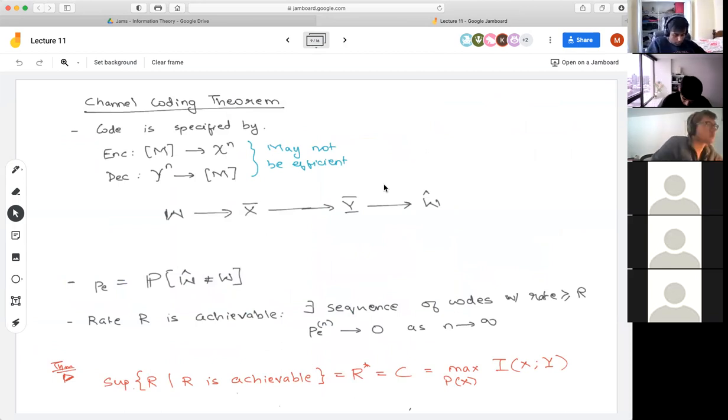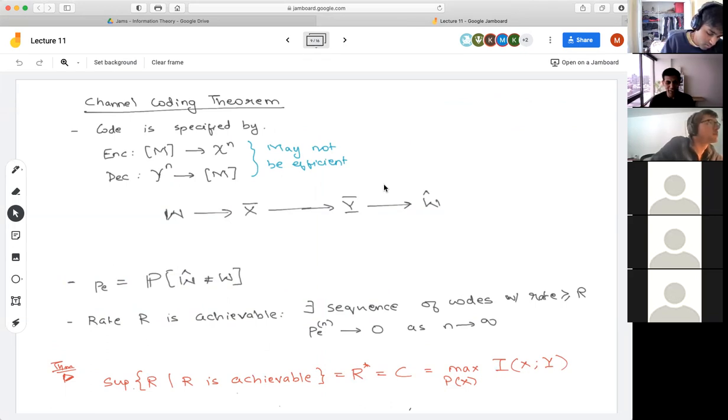Okay. And a nice theorem which relates these notions is called the channel coding theorem, which says that the maximum rate we can hope for is the channel capacity that we wrote down. And not just something we can hope for, it can actually be achieved.